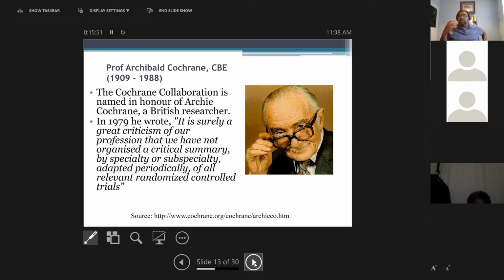So the whole field of evidence synthesis, also called knowledge synthesis, is a synthetic field which collapses literature on a specific topic and tries to settle the debate so that we don't have to do more and more studies on that particular topic. So Archie Cochrane's advice was taken seriously.